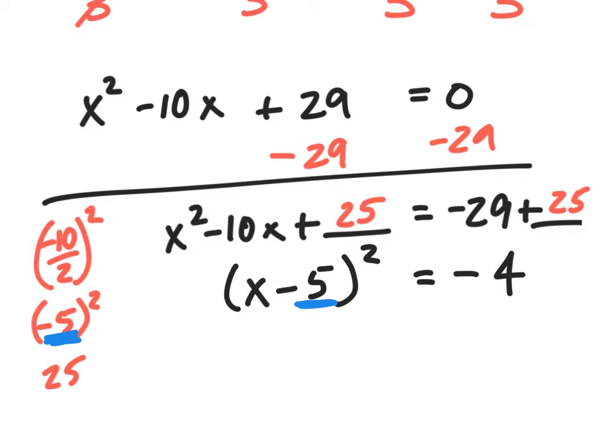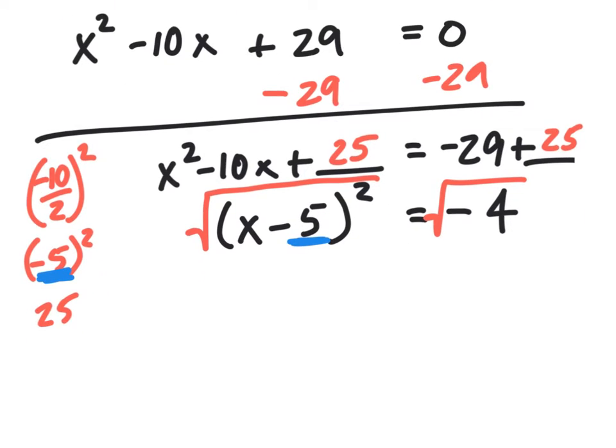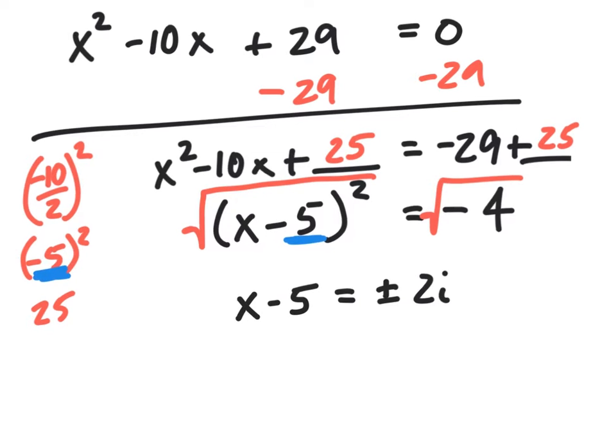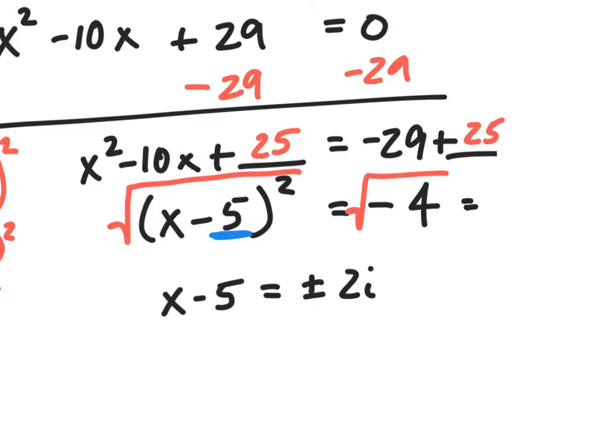All right, so now I'm going to take the square root of both sides. And so I'm going to get x minus 5 is equal to plus or minus 2i. Okay, the square root of negative 4, remember, I can rewrite as the square root of 4 times the square root of negative 1.